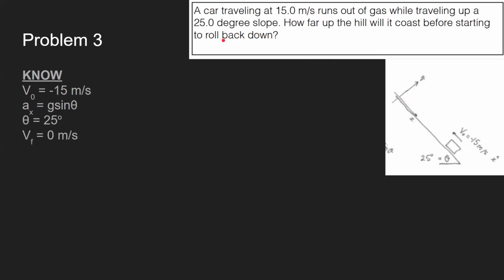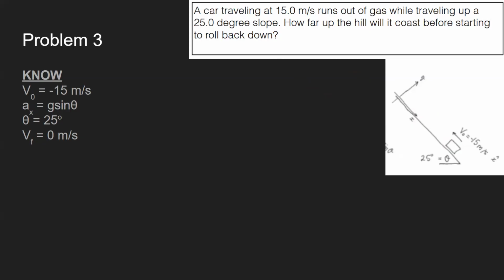The AX, so the acceleration in the X direction. Right now, we really are not going to care about AY because it's moving in only the X direction, because the X direction is this. AX, acceleration in the X direction on an incline, is always g sine theta.